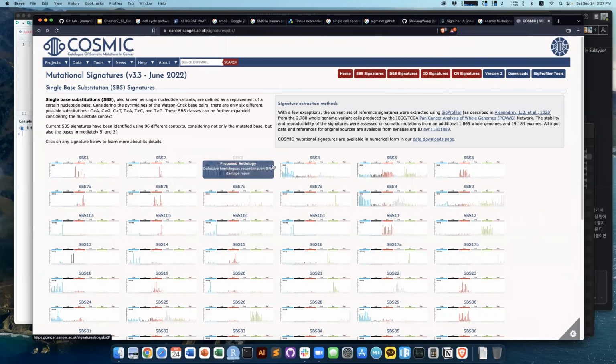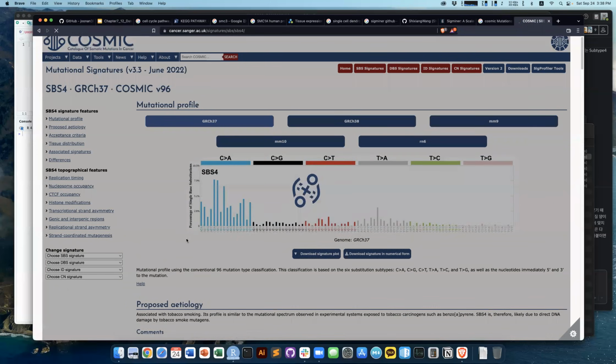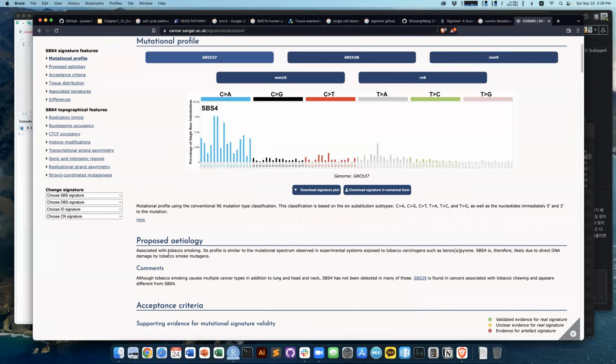So what about other types? What do we know about the cancers? So let's say lung cancer, we know that the smoking is a problem, right? So what about the smoking? If you smoke, then the mutation happens in this way. So this is the possible etiology, meaning the possible cause. This is the tobacco smoking, right?